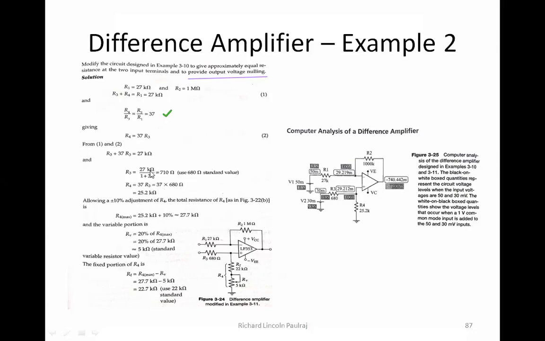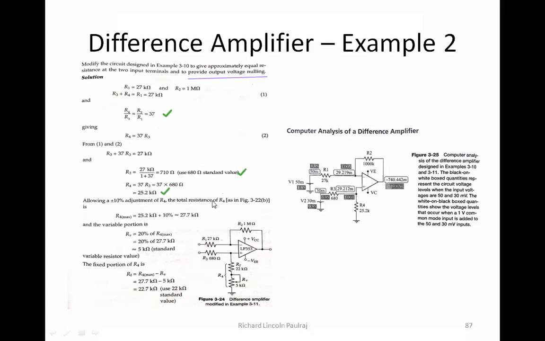We know that R4 is equal to 37 times R3, so 37 into 680. Tell me if we are getting 25.2. Yes, sir, 25.16. So we'll approximate it to 25.2.